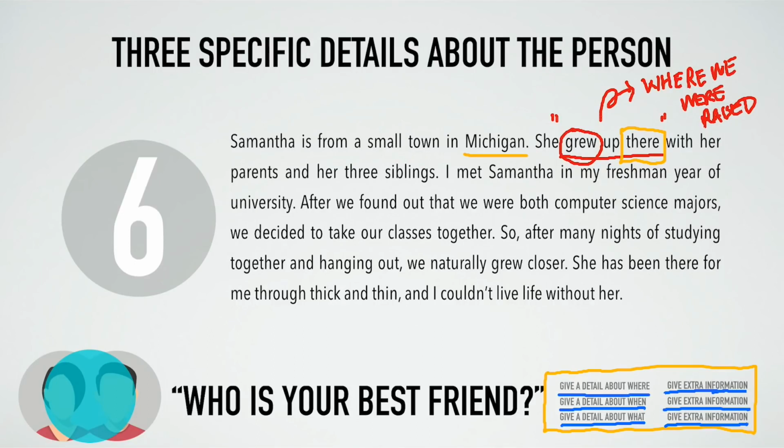All right, let's keep going. I met Samantha in my freshman year of university. Very simple. After we found out that we were both computer science majors, we decided to take our classes together.